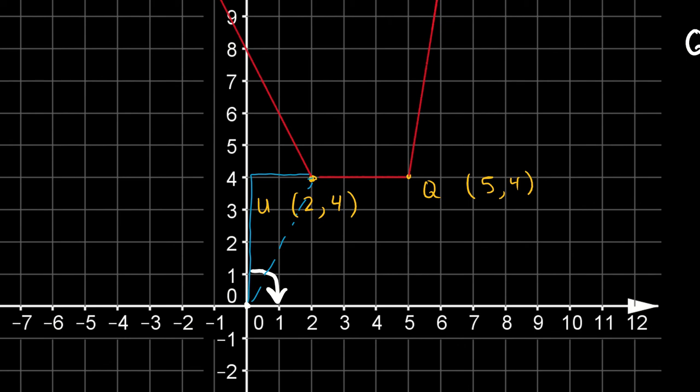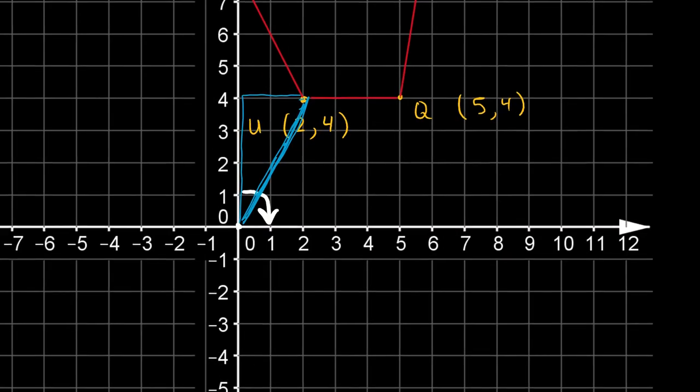So what I really want to be able to do is create a right angle with this line right here, right? And to do that, I can just take the opposite reciprocal slope. That right there was up 4 over 2.